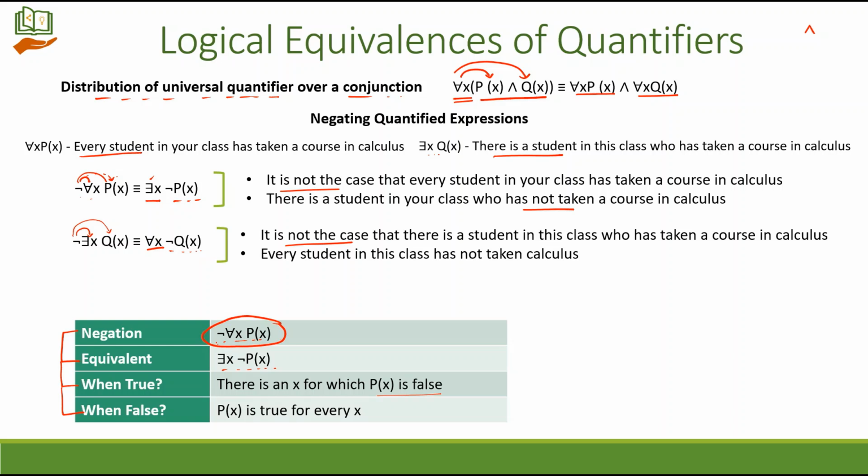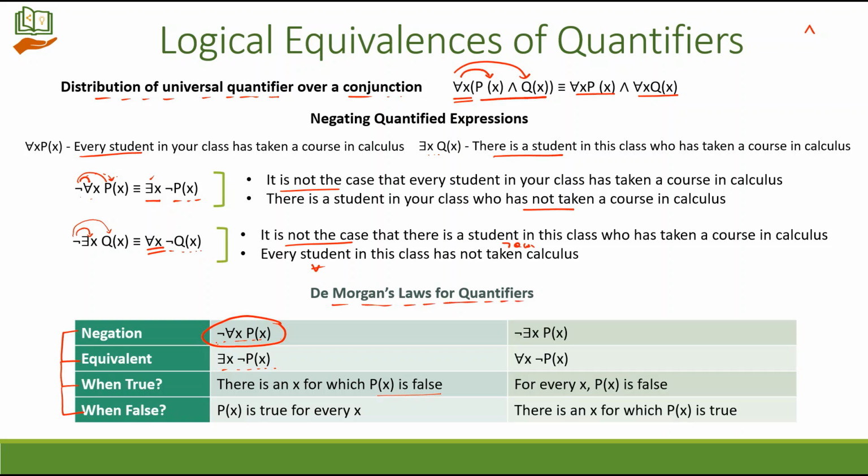Every student in this class has not taken calculus. Every student is the universal quantifier. Not taken calculus is negation of q of x. So this particular law for quantifiers is called De Morgan's law for quantifiers. So negate the existential quantifier, and it will be changed to universal negation.